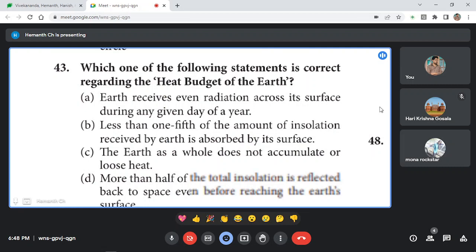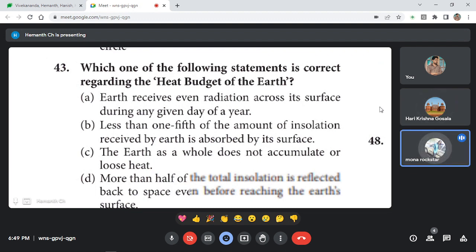How can you say it does not lose heat? The Earth does not accumulate or lose heat. That's the correct answer, I think. Heat budget of the Earth. Either answer should be less than one-fifth of the total insolation received is absorbed by its surface.